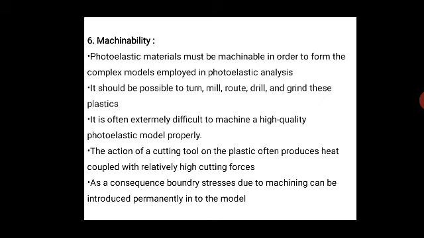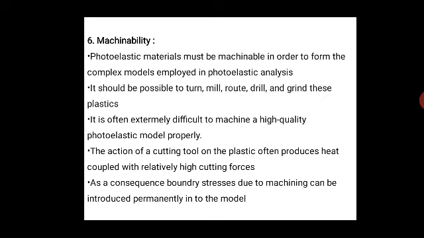With this, we have discussed what photoelasticity is from the beginning, photoelastic behavior, polariscopes, photoelastic materials, and the different materials and their applications.